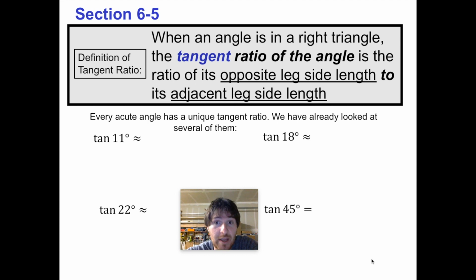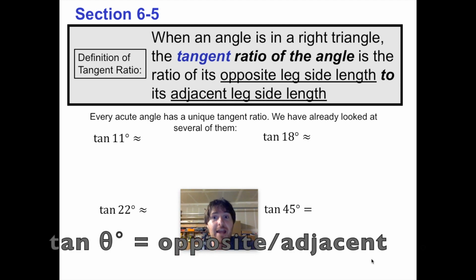The tangent ratio of that angle is the ratio of its opposite side length to its adjacent leg's side length. Tangent of an angle is its opposite over adjacent ratio. Ratio means this over that, right? Opposite over adjacent. So that's what we're going to practice over these next few days.